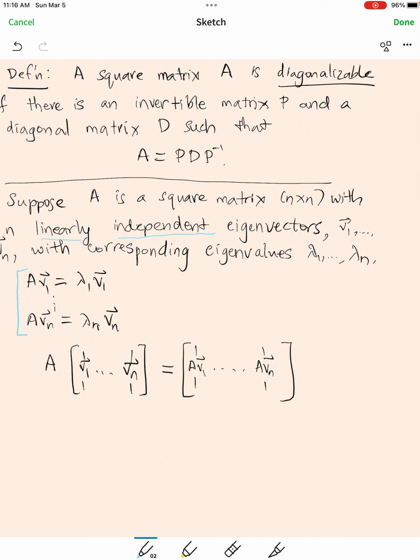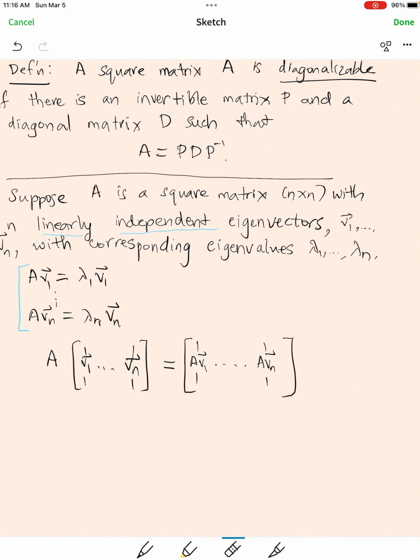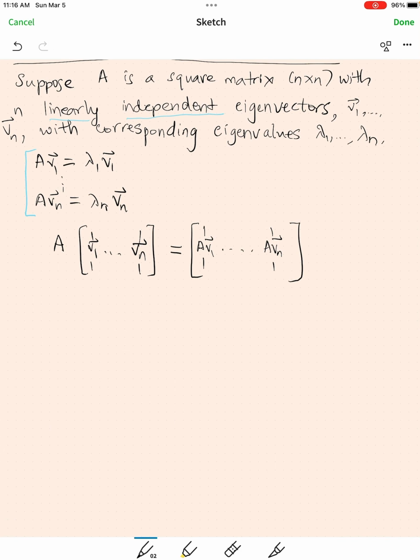So this is going to equal lambda 1 V1 through lambda n Vn. Okay, so this is a square matrix with columns lambda i Vi.